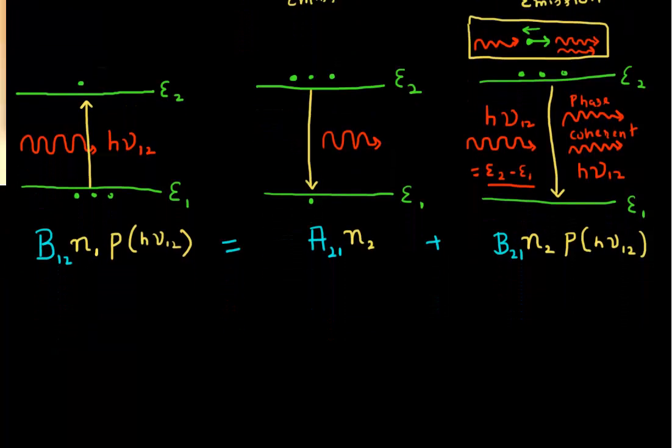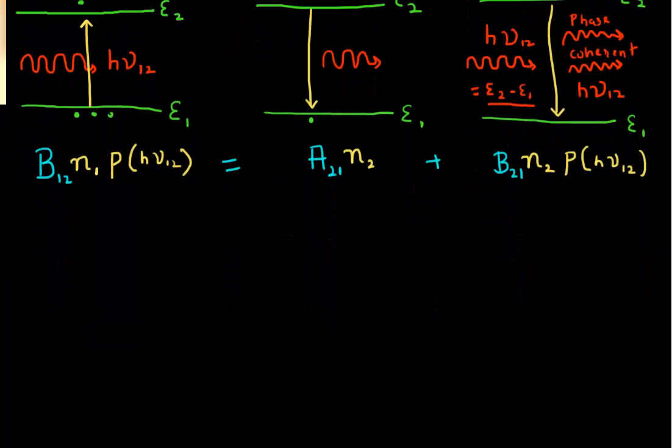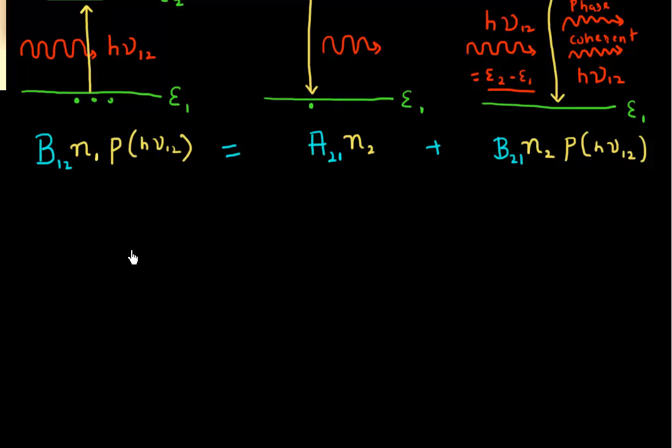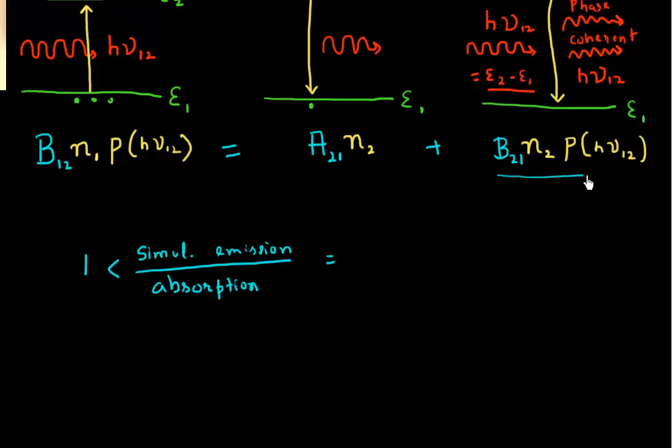And now we can further take this equation and ask, when would simulated emission dominate? For simulated emission to dominate, the net rate of simulated emission divided by the rate of absorption should be greater than 1, and we can take these formulas. The rate of simulated emission is given by B21 into N2, multiplied by the density, or flux, of incoming photons.